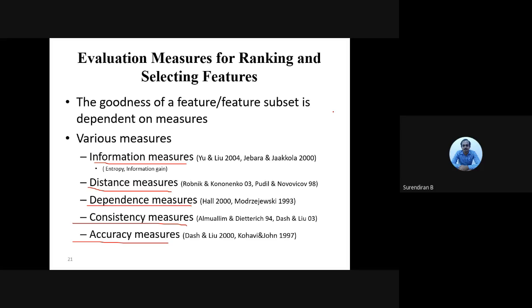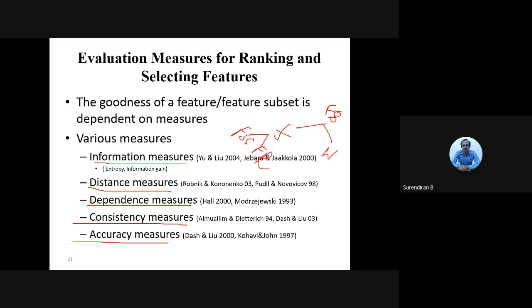I said in feature selection we have filter and wrapper based methods, and in filter we have feature subset selection and feature ranking methods. The wrapper based method uses a classifier, but the filter based method will not use any classifier. Filter based methods are independent algorithms.